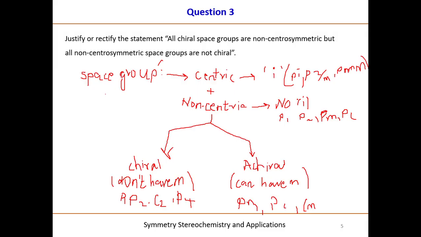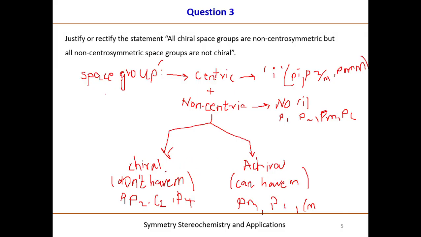In a centric space group, we have a center of inversion which gives different point groups. In a non-centric space group, we don't have a center of inversion. That's why the non-centric space group is further divided into two types: chiral and achiral. A chiral space group does not contain M, the mirror plane, but an achiral space group contains the mirror plane.